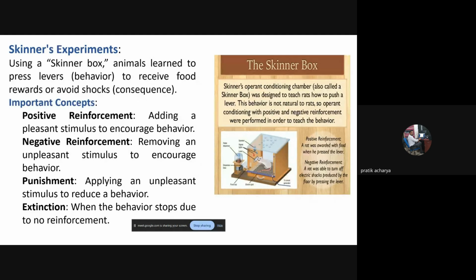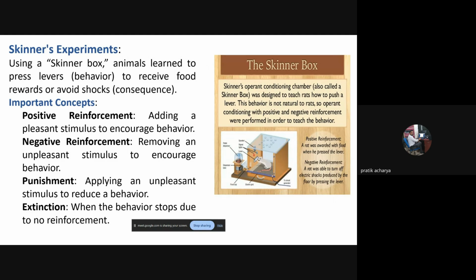But when the mouse presses another lever or switch, it gets a punishment like a current charge. So these are different kinds of actions. After that, the experiment is modified, and certain behavior patterns are modified. Skinner observed a modification of behavior patterns.